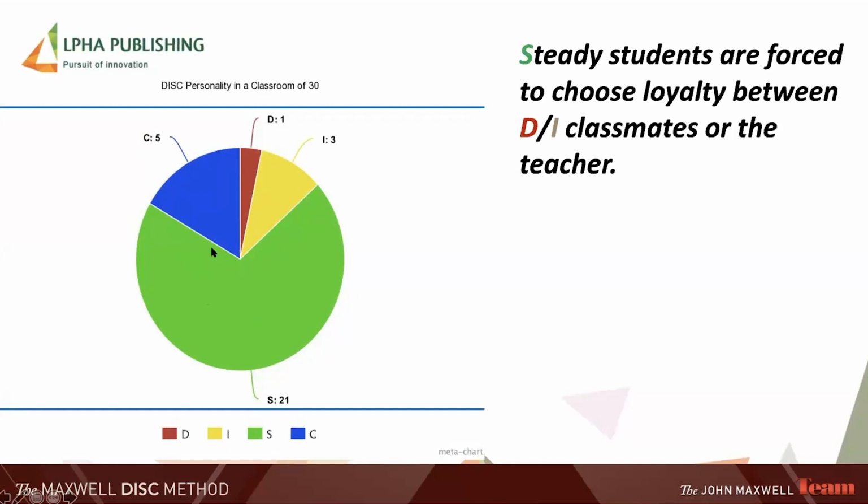These S students become like I students if you don't get control of your D and I. If you don't control and connect with your dominant and influencing students and get them on your side, over half your class will begin to exhibit traits of an I student. They will become very talkative and influencing.